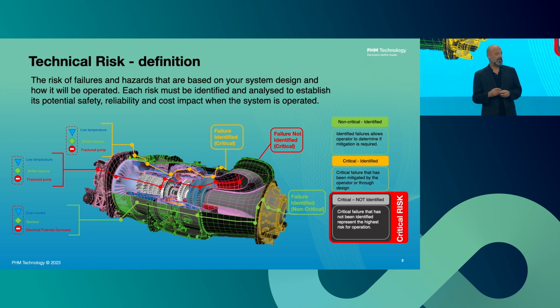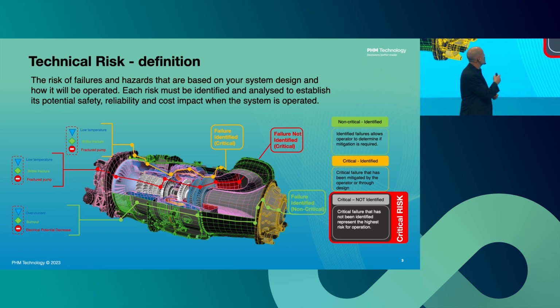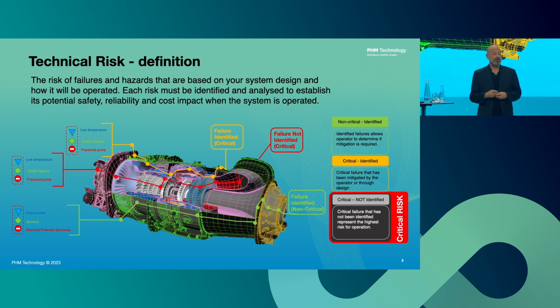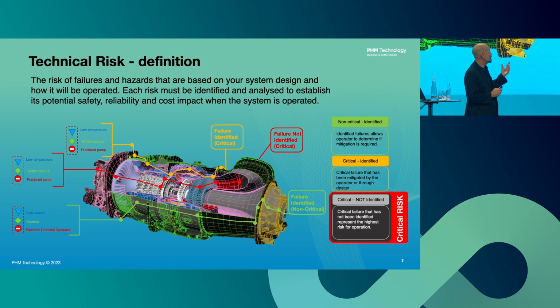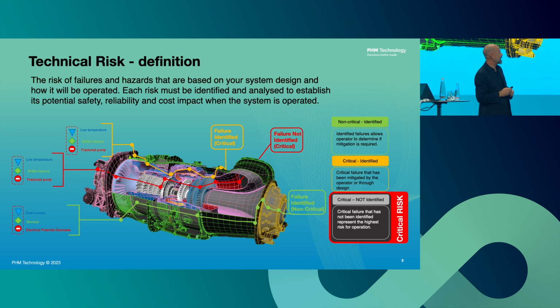But the most important thing that we're looking to eliminate is the failures that are not identified during the design process. You can see on the right here: non-critical identified, so risks that aren't important but you still need to document; risks that are important, the critical identified; but this last category here, critical non-identified.